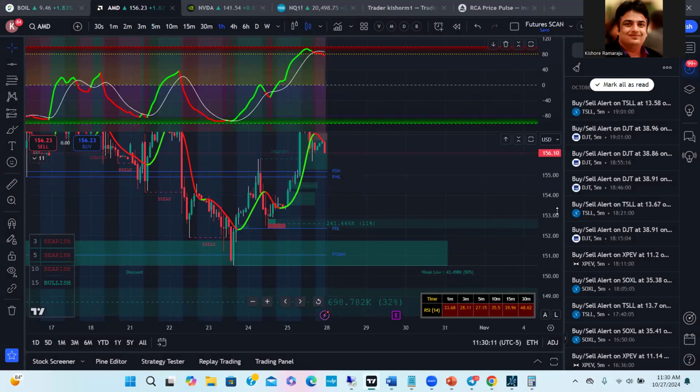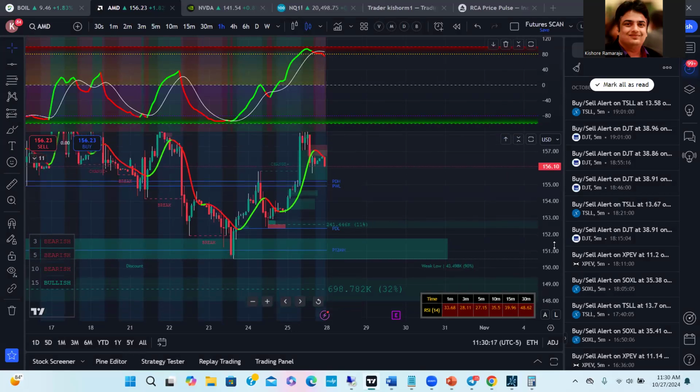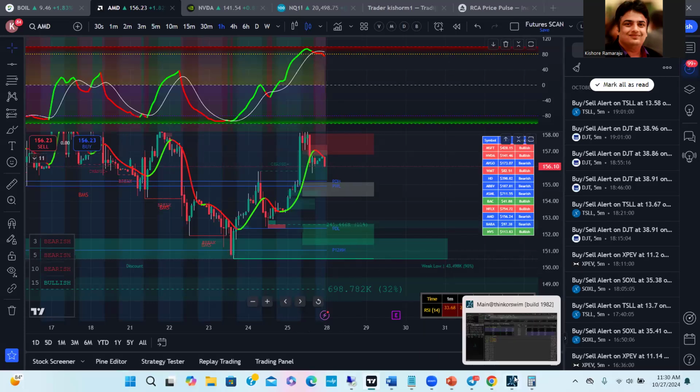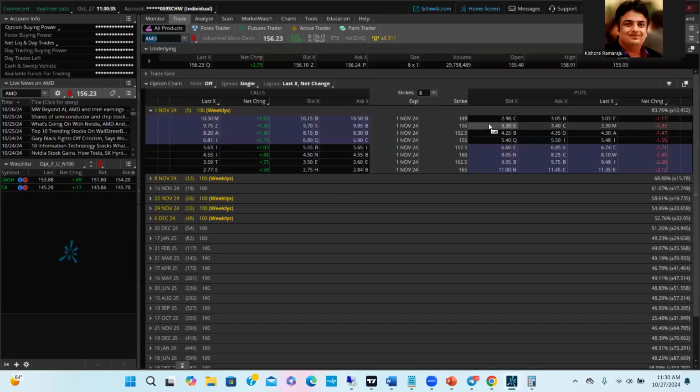Up to what price do you think the market makers will try to bring it down? Right, minimum 152, because that is where again there are a lot of buy orders. So from the red zone, they will try to bring it to the green zone. So 152 is possible.